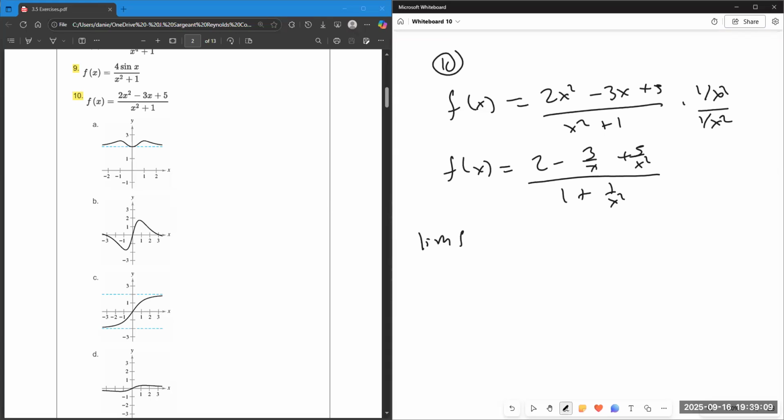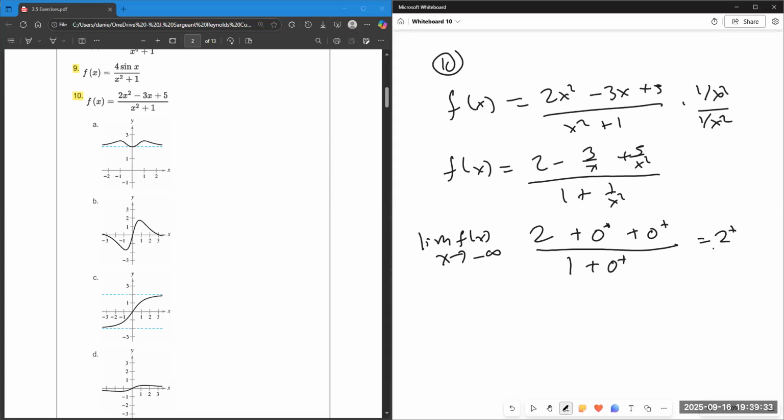The limit of f of x as x goes to negative infinity will be 2. And then a negative divided by a negative is a positive. And then this is positive here, and this is a positive here.